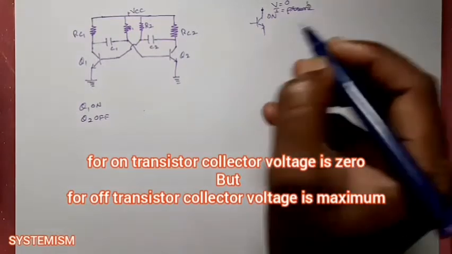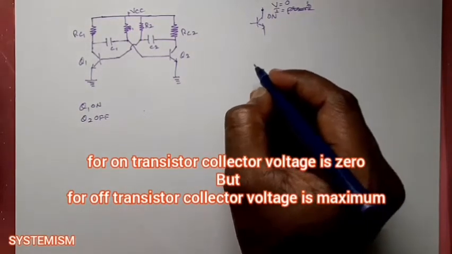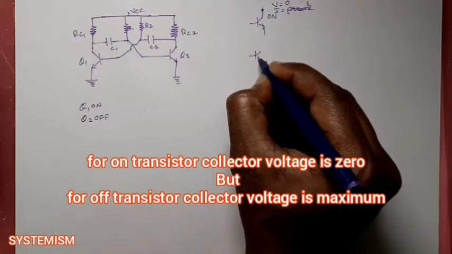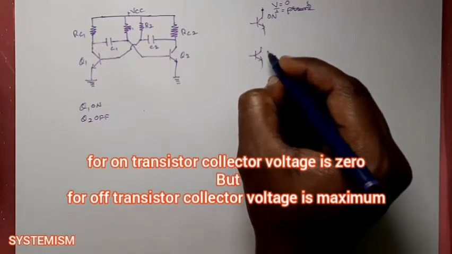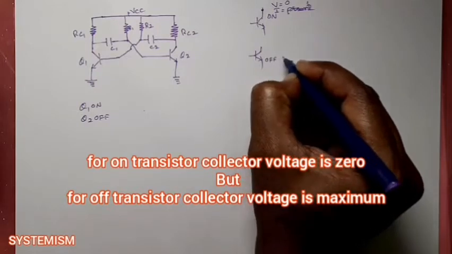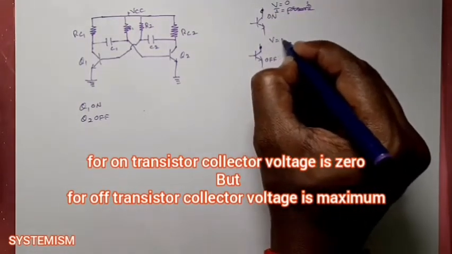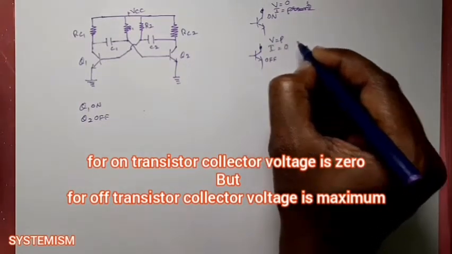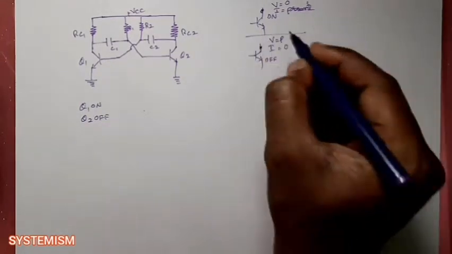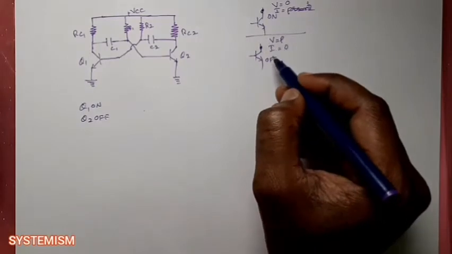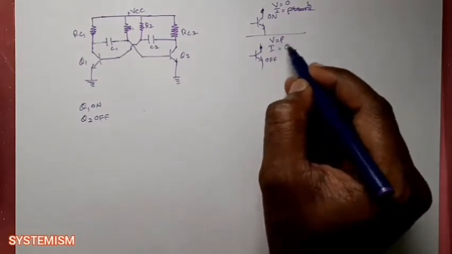Okay, so when a transistor is off, voltage will be present and current will not be present, current equal to 0. So voltage will be present for an off transistor.